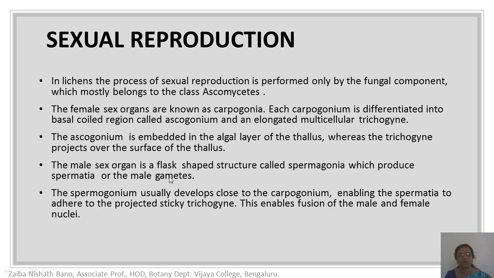The male sex organ is a flask-shaped structure called spermogonia, which produces the spermatia or the male gametes. Now the spermogonium usually develops close to the carpogonium, enabling the spermatia to adhere to the projected sticky trichogyne. So this enables easy fusion of the male and female nuclei.